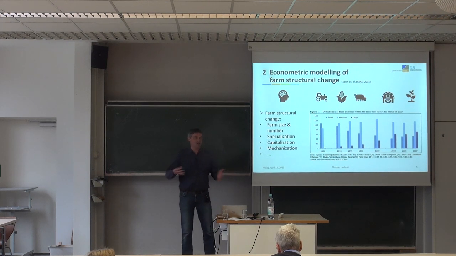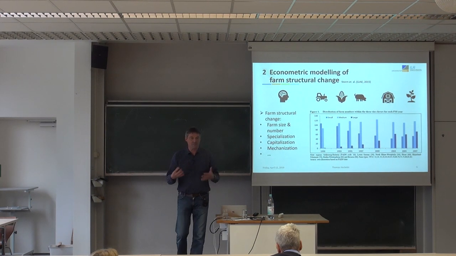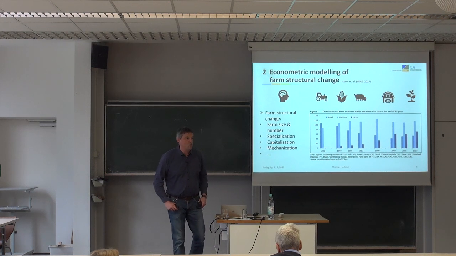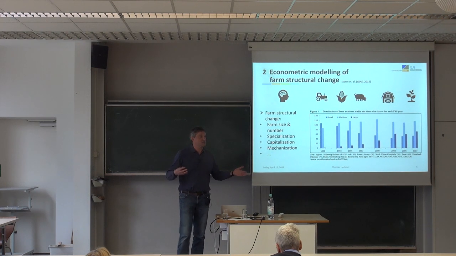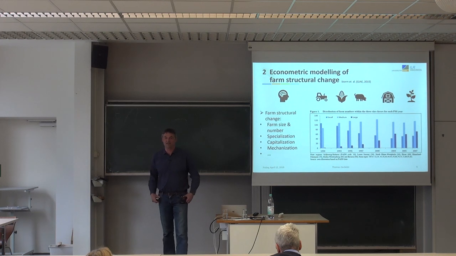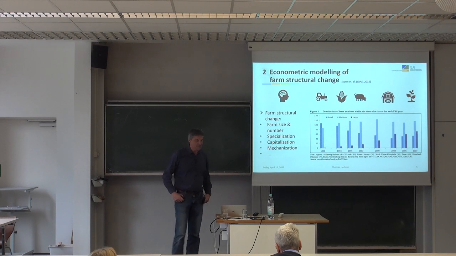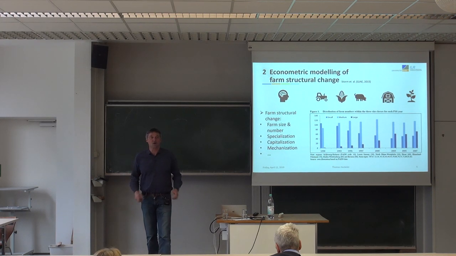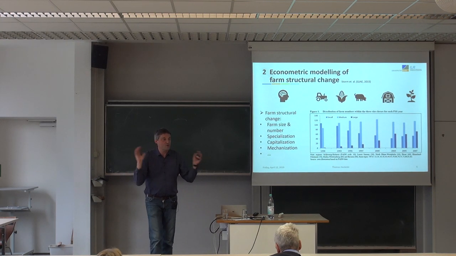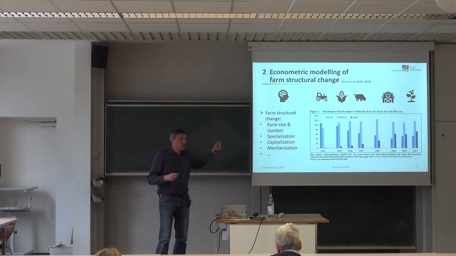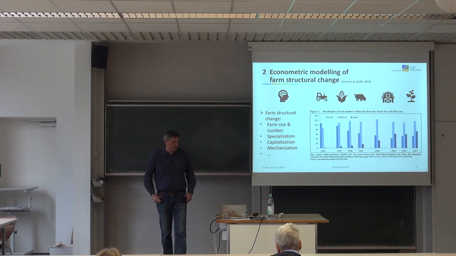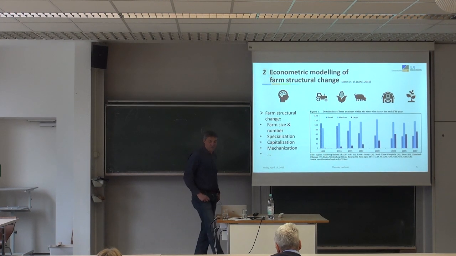Farm structural change is something that comes in many different ways. Quite often the size distribution of farms is studied, or the specialization, the capitalization, the intensity, how it's mechanized, and so on. If you look at the whole farm population, then the structure of these elements determines the farm structure.